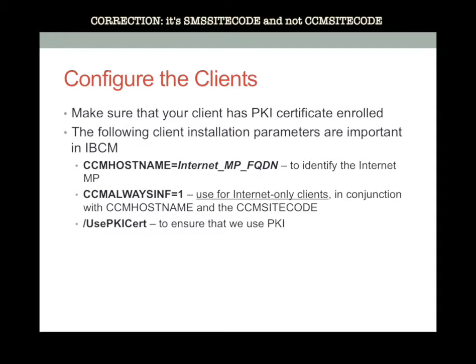That's why if we use CCM always inf equals 1, then we should have CCM host name to point it to its internet MP and CCM site code so that you can assign it a site membership. And lastly, we also should use /usepkicert when we install the SCCM client so that we're sure that it will use the certificate that we enrolled on this client machine.